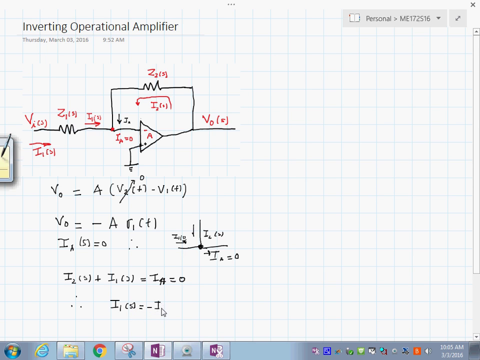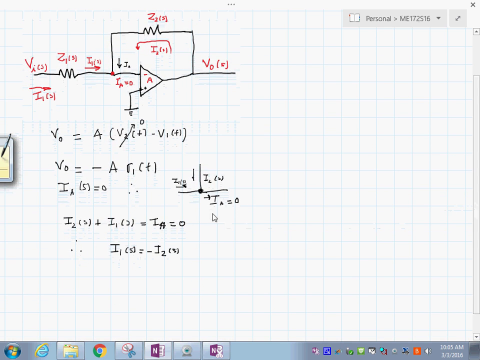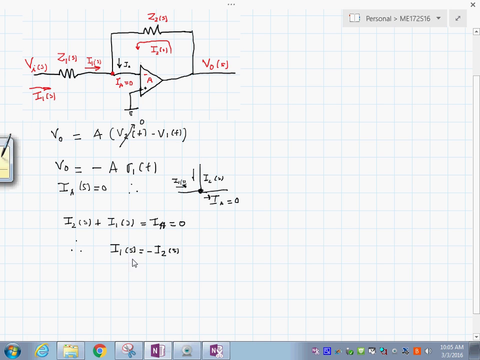So I sub A is the sum of these two, or you could write also that I sub 2 of S is minus I1 of S. Same equation. Okay? So remember also that I sub A is 0. Okay?